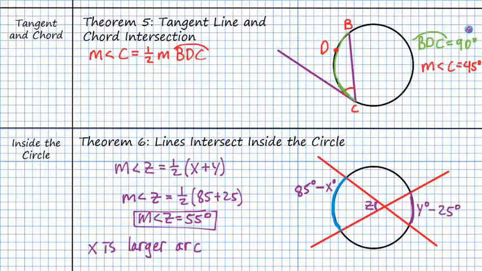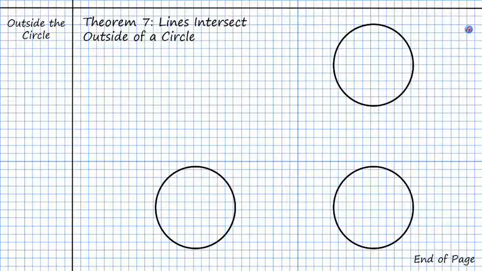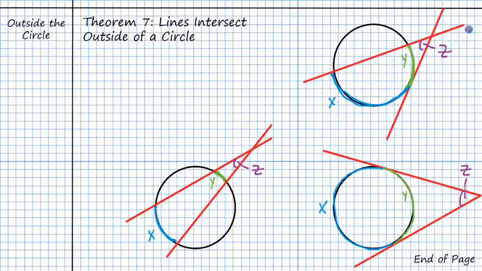Now let's move on to Theorem 7. Theorem 7 has a few different iterations, but it's all the same thing, for intersections outside of the circle. For intersections that occur outside of the circle, where your intersection point is out here and not inside the interior, it's a very similar formula to our previous theorem. The measure of angle Z is going to be 1/2 X minus Y. The key thing here is this subtraction.